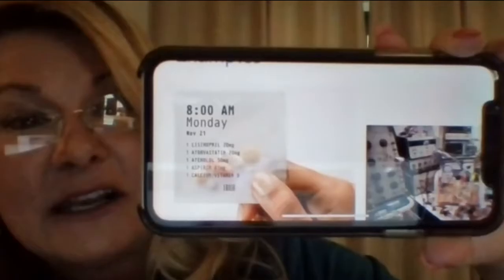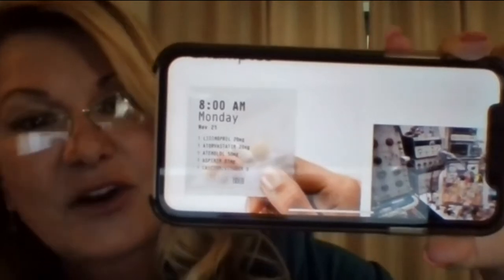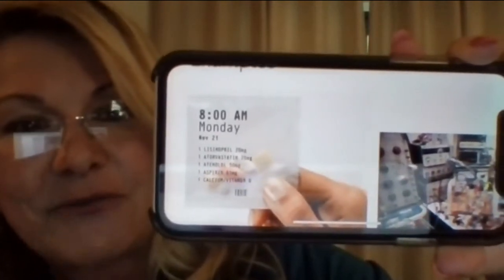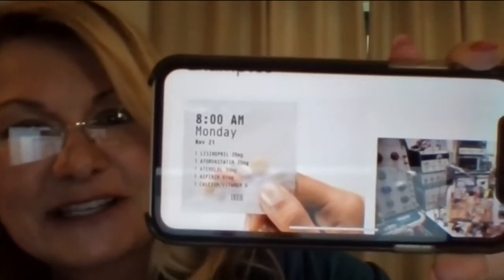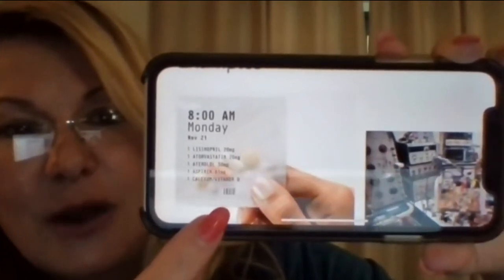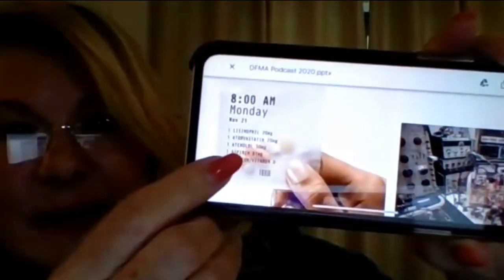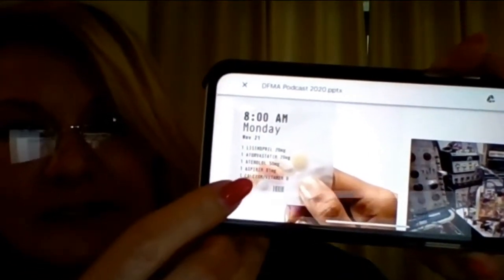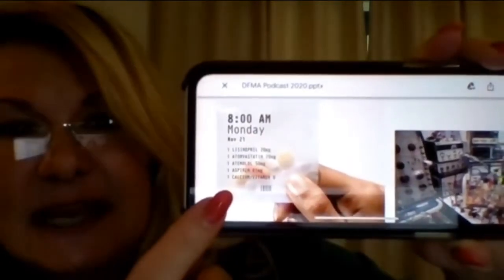In this image, if your listeners are able to see it, we've actually taken all the guesswork out of which medications a patient has to take at a given time. And these are delivered to their house. It tells them what time, what day, what the medications are, and they're all in this handy pill pack. That is a great example of Poka-Yoke implemented. Excellent. Thank you. That's an excellent example.